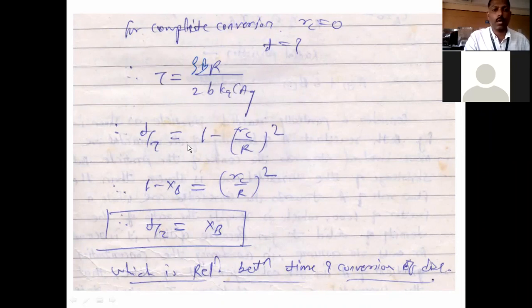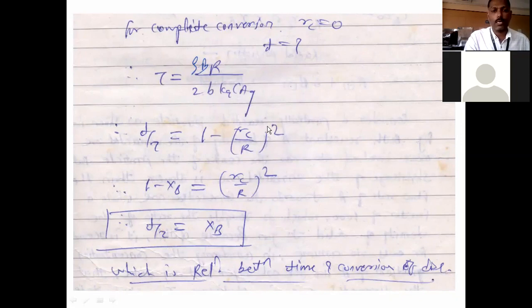Take the ratio T upon tau, which is equal to 1 minus (Rc upon R) square. The unreacted fraction in terms of radius is 1 minus xb, equal to the volume of unreacted core divided by the volume of the total particle, so 1 minus xb equals (Rc upon R) square.